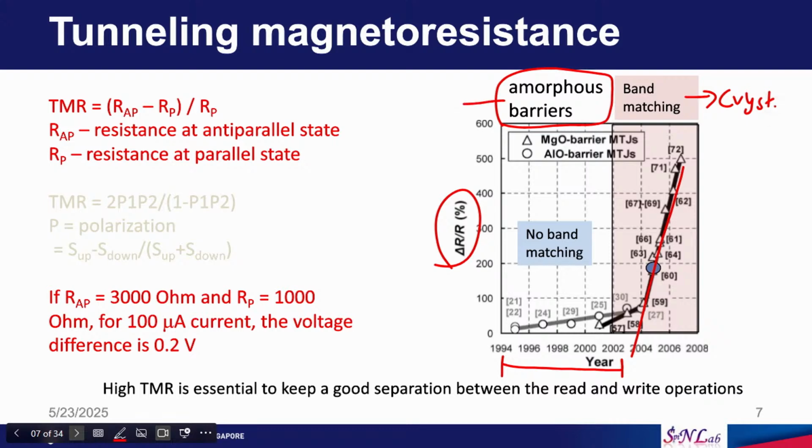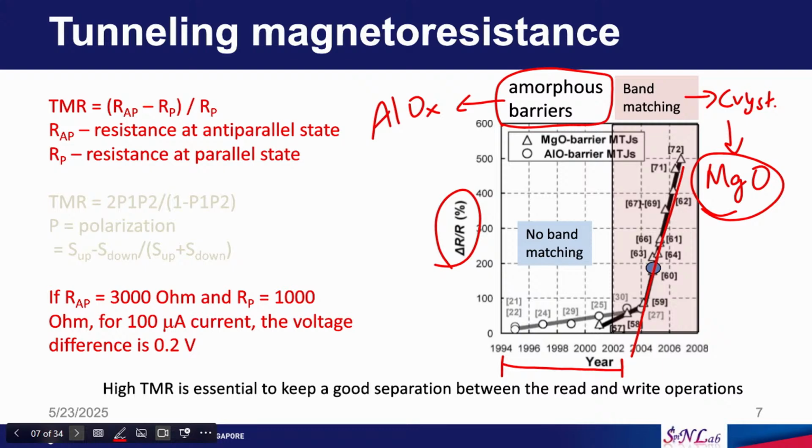So, here it is aluminum oxide. Here, when it comes to this point, it is magnesium oxide barrier. Okay. So, this discovery, a theoretical proposal of magnesium oxide, led to a larger TMR in the later part.